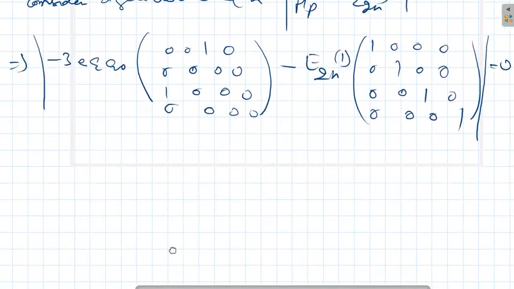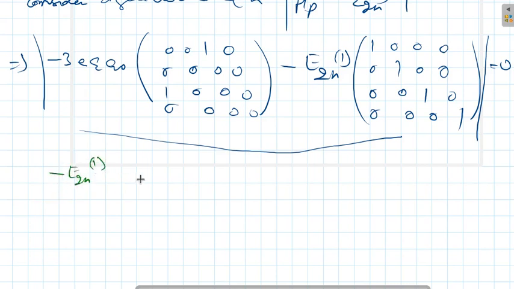So if I simplify it, then it simplifies to minus E2N1. It is 0, and let me call this as x.